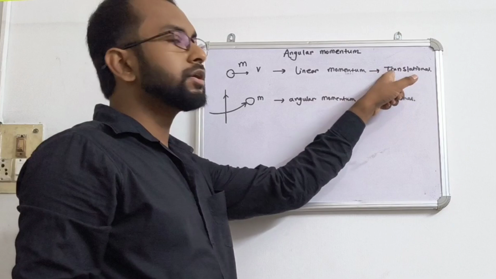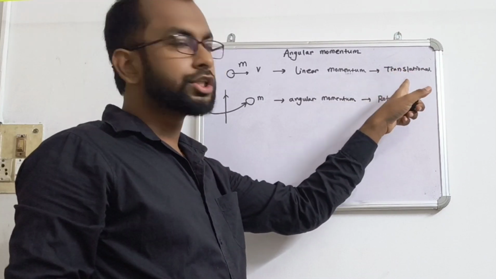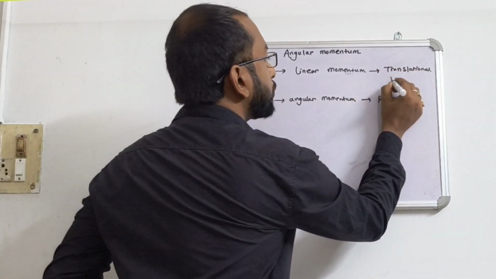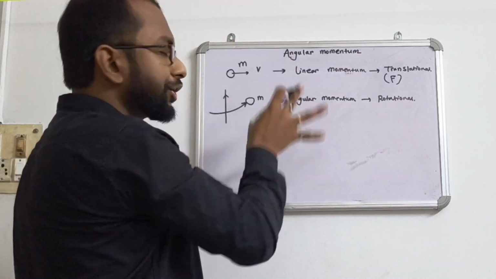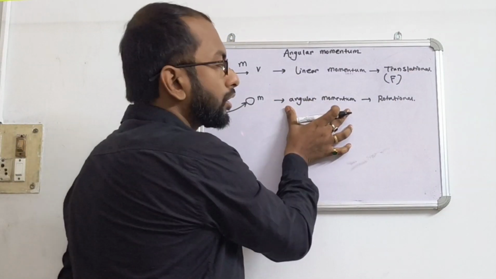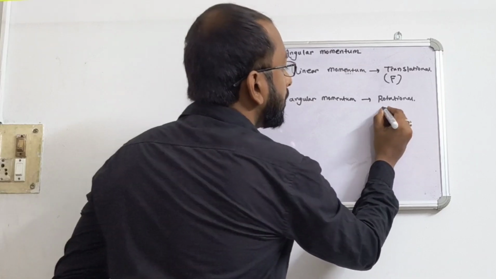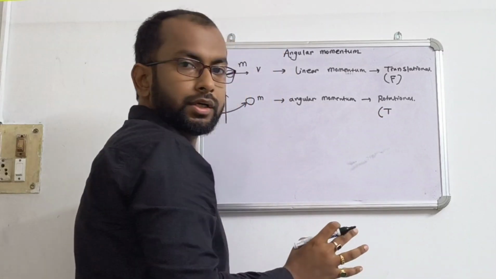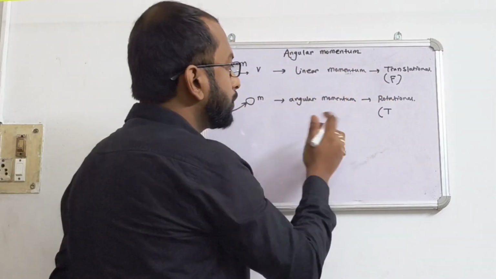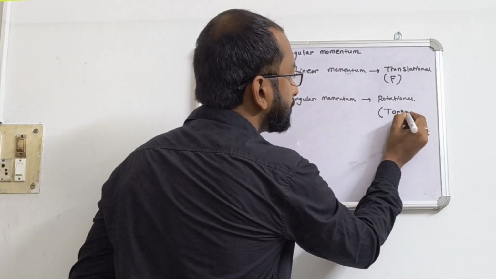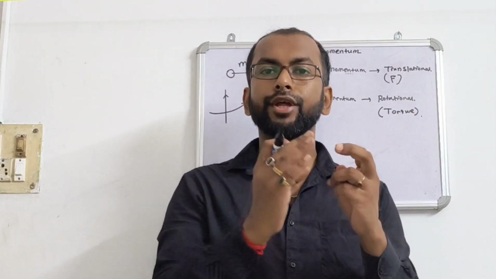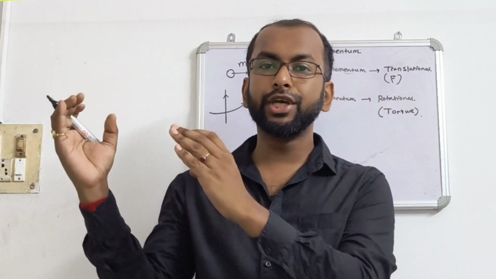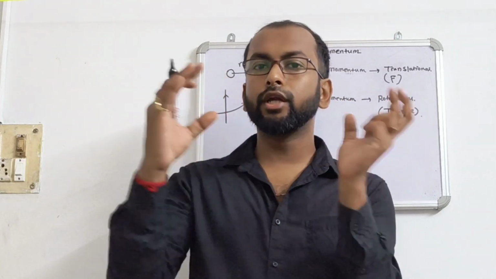In the case of translational motion, what factor causes this motion? It is called force. Force causes this motion. And in the case of rotation, or angular momentum, the equivalent quantity associated with this kind of motion is torque. From Newton's second law, you know that when there is a change of linear momentum, force is associated with that motion.